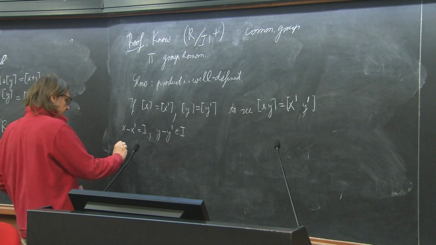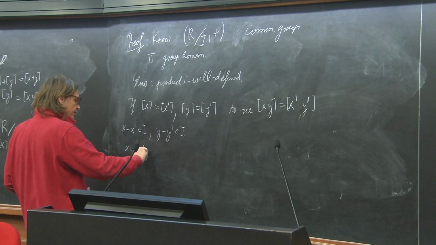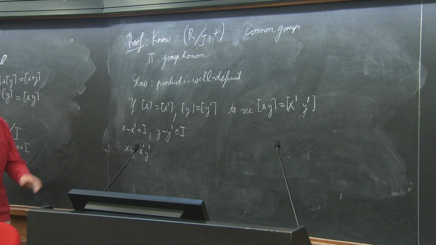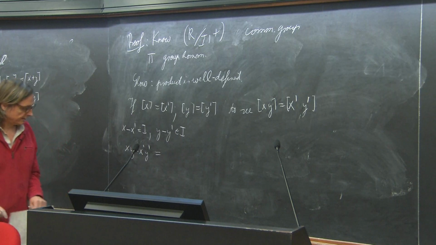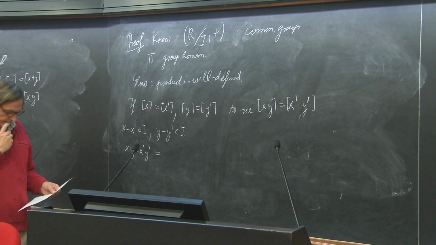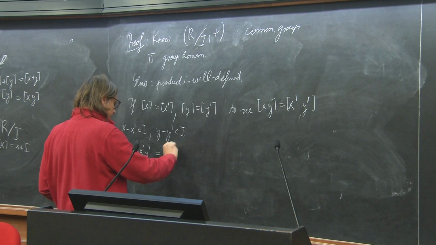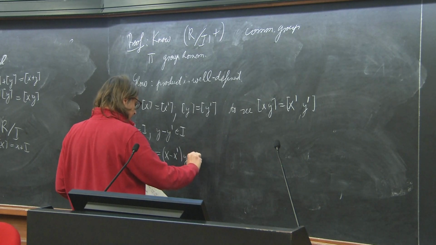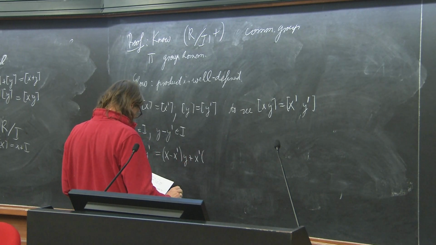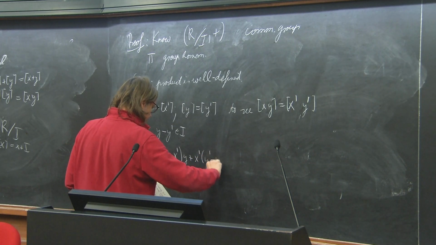And now, let's see. If we look at xy minus x prime y prime, we have to show that that's also an element in I, then it's fine. So we do this by adding 0 in a nice way. I write this as x minus x prime times y plus x prime times y prime minus y.